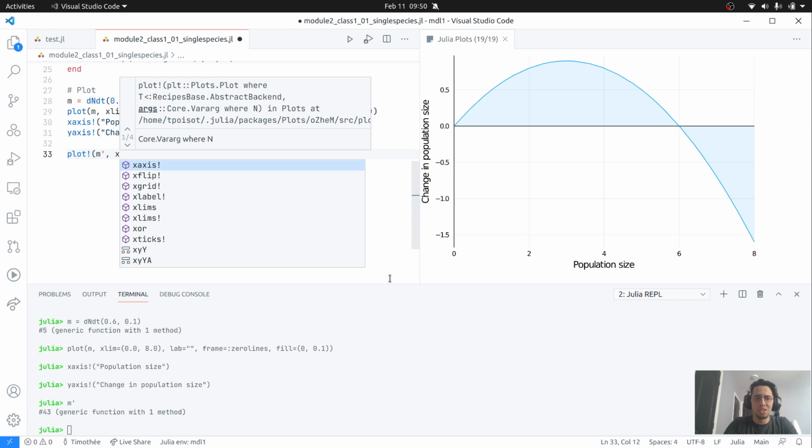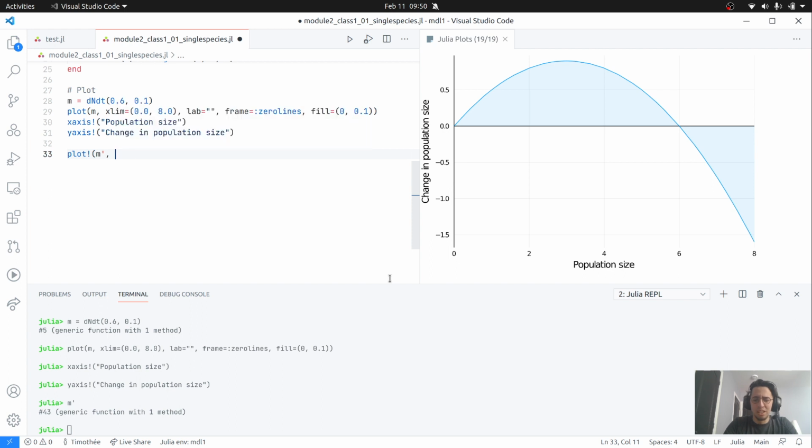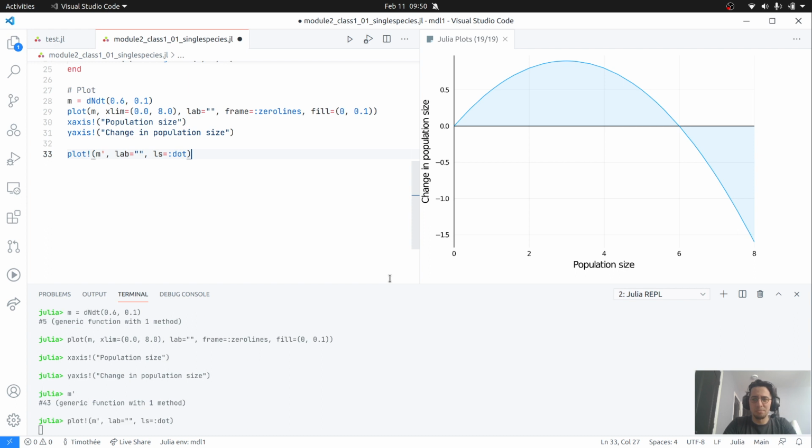So we are going to give it the same limit. We are not going to have a label, and we are going to dot it, I would say. It's fine. So when we plot this second function, and it might take a little bit of time to make sure everything is calculated, it's going to tell us when the rate of change is going to move from being increasing to being decreasing.